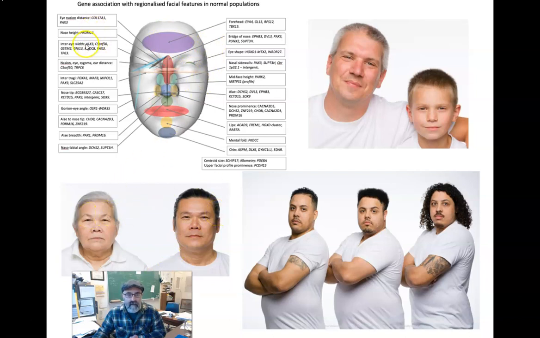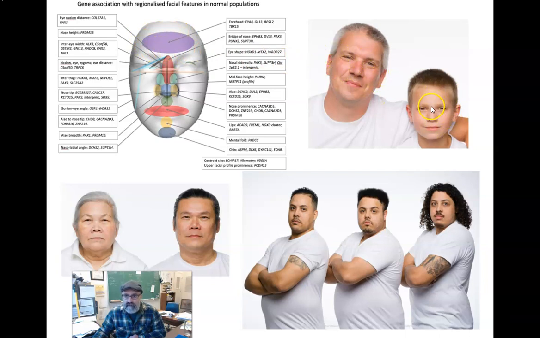We now actually understand this. Here are different measures of a human face. This length here is the nose height. This area here is the forehead area. And here are some genes that are related to the shape of the human face. So why does this little boy look a lot like this man?